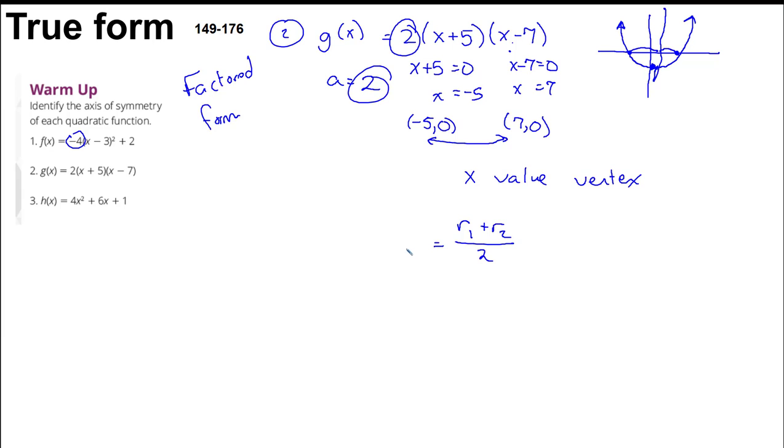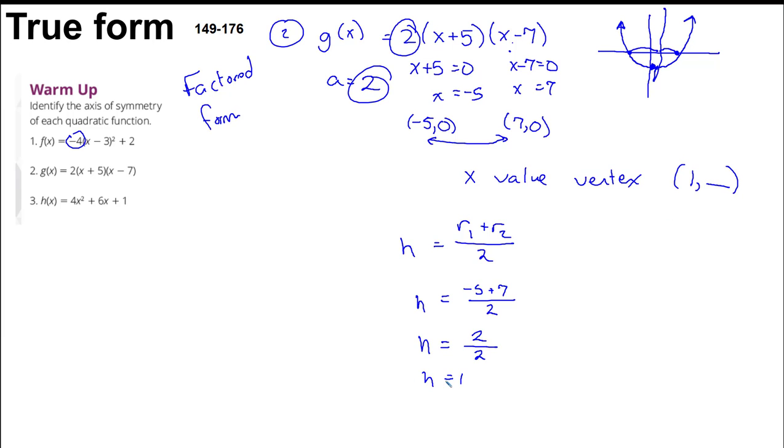And that gives you your x value of your vertex, which we usually call h. So negative 5 plus 7 divided by 2 is your h. And so that 2 divided by 2, or 1. So that value of your vertex is 1 comma something.